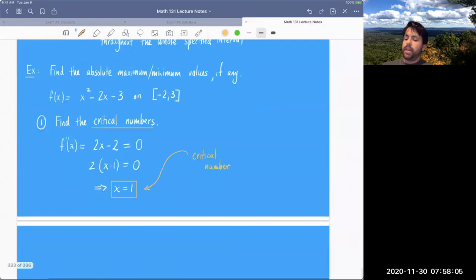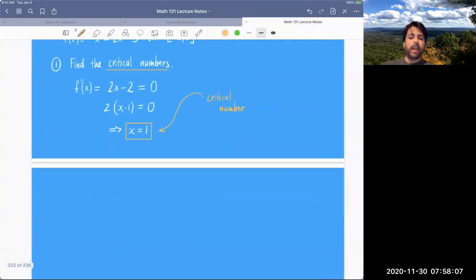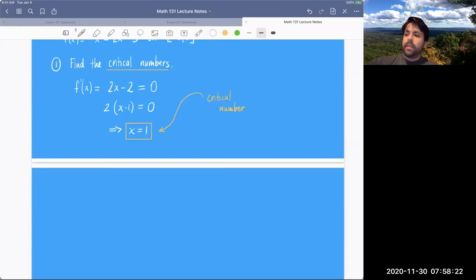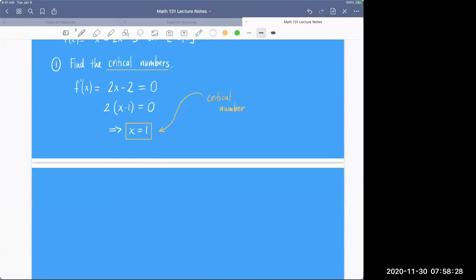So this could be a local max or local min, right? Now, how do I determine that? You can use testing points, or you can use the second derivative test, right?